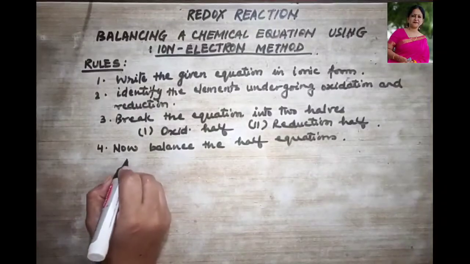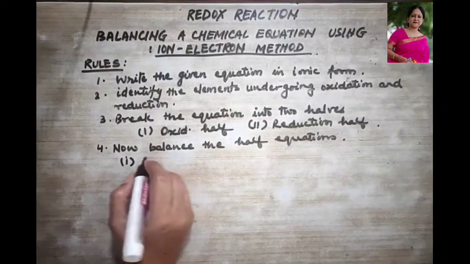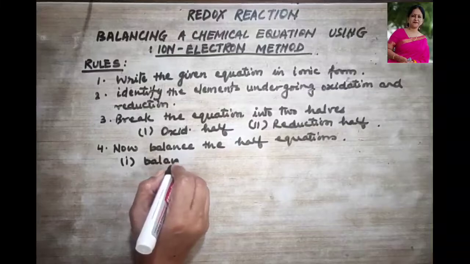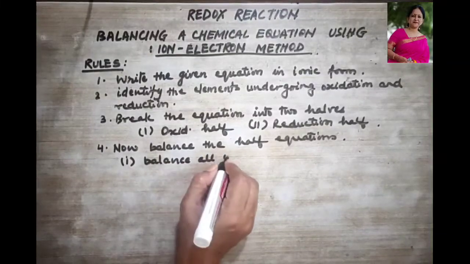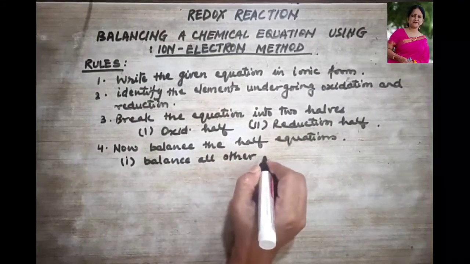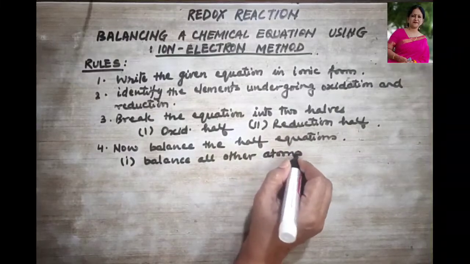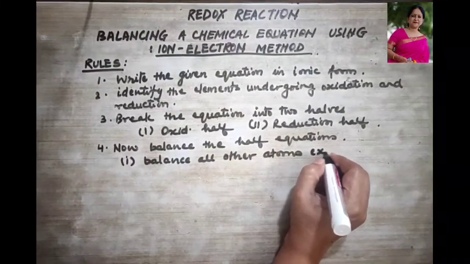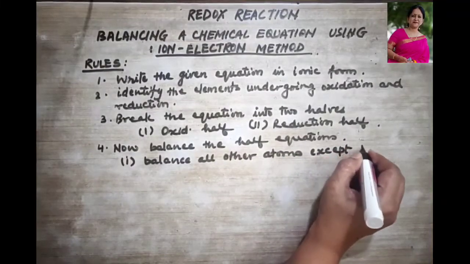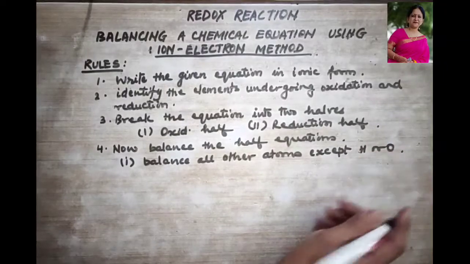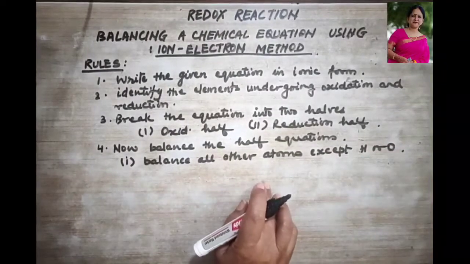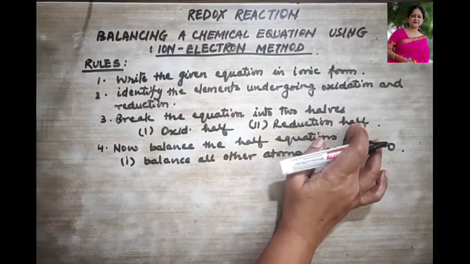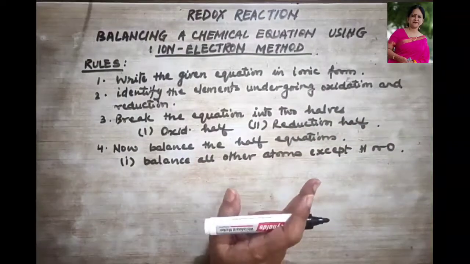So over here, first point we need to remember is balance all other atoms except hydrogen or oxygen. So in that particular oxidation half or reduction half, what is the first thing that we need to do?